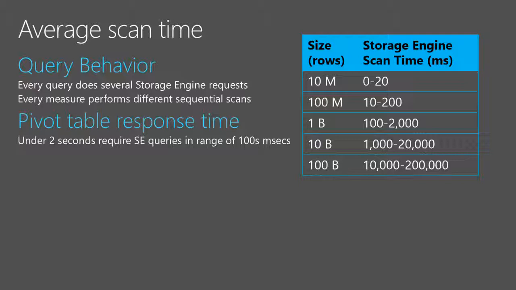But as you see, 100 billion rows means that you cannot wait less than 10 seconds for a single storage engine query, and a single DAX query may run several storage engine queries. So probably is too much with the current hardware we have today. And one of the problems is that we still cannot scale out, but I will talk about this in a moment.